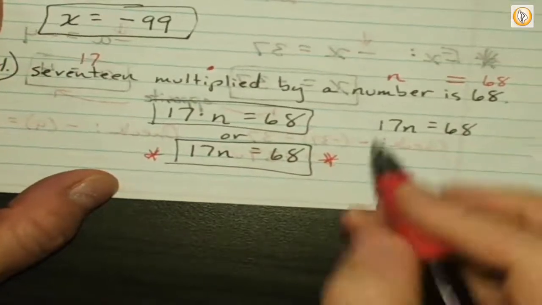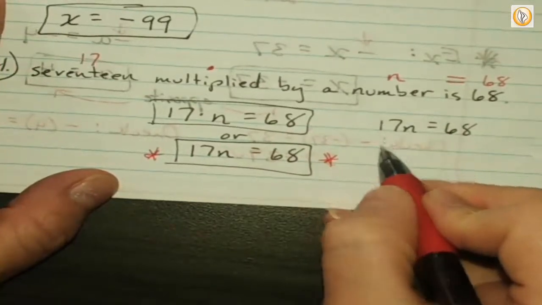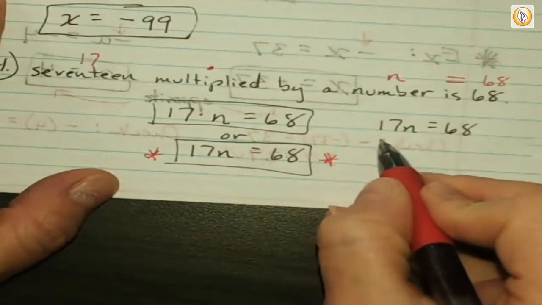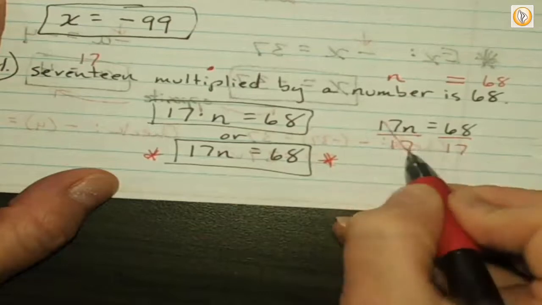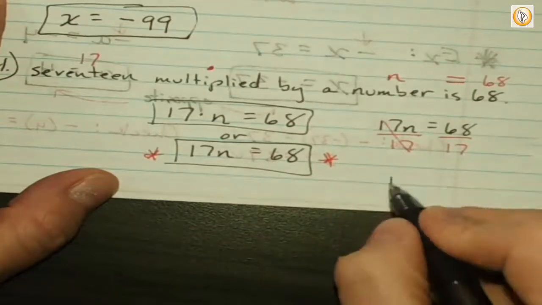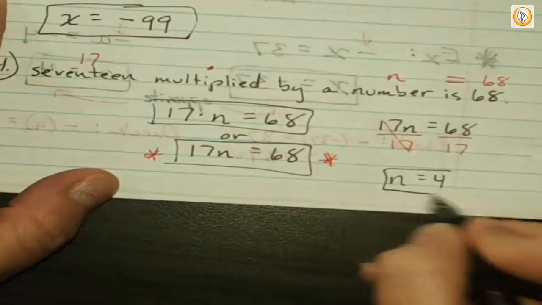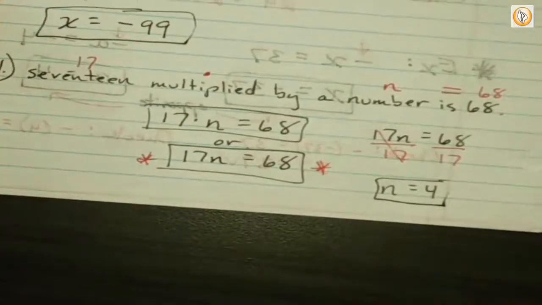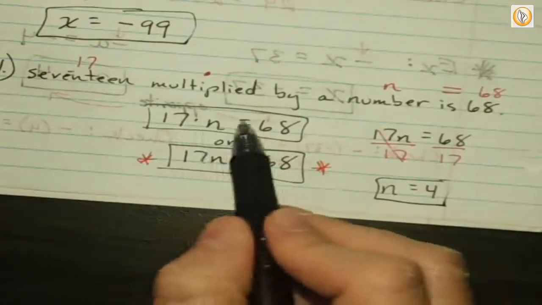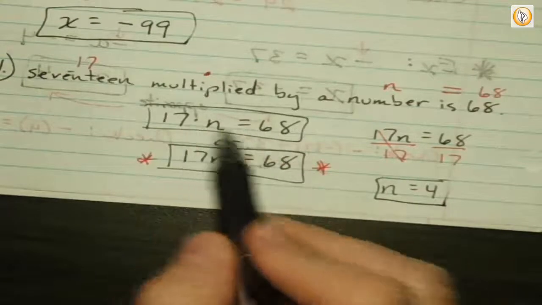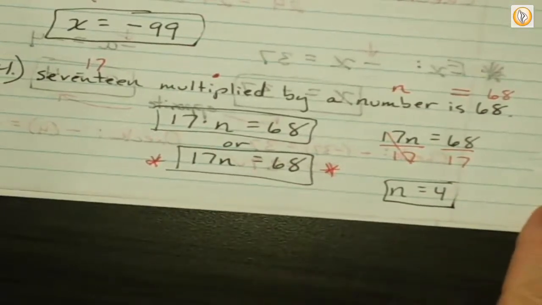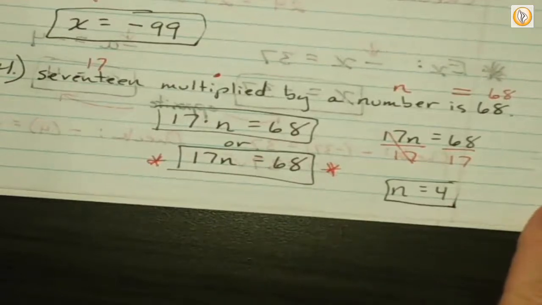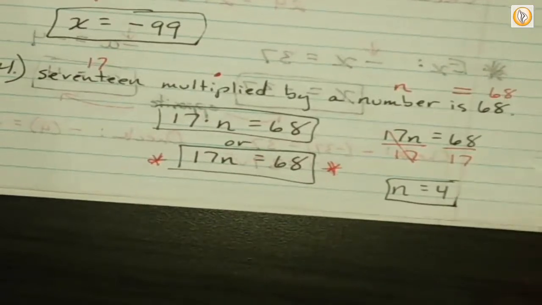We would divide both sides by what, Emily? 17. Very good. And whoever yelled out 4 is correct. Yes. So you'd have two answers. You need to give me the equation and the answer. Any questions?